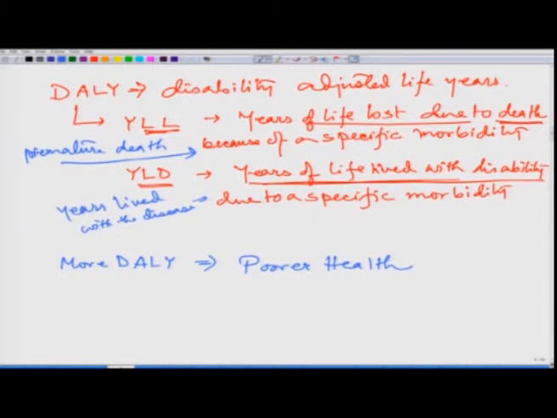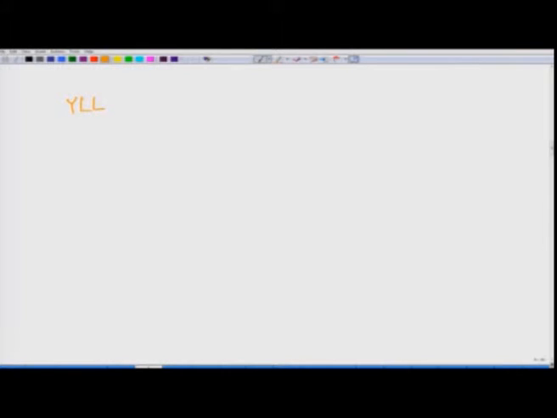Let's take a very simple example: for a particular area, a particular population, or a particular individual, that person passed away at the age of 60 years, maybe because of a cardiovascular disease, a heart attack or something.